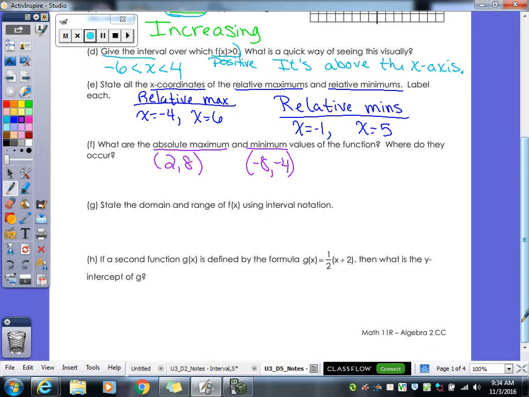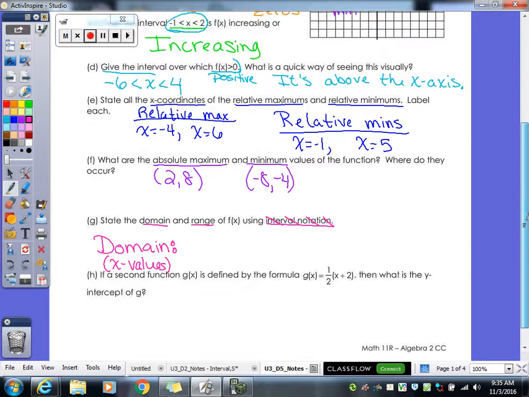Part G, state the domain and range using interval notation. I'm going to hold off on the interval notation for right now. We're going to do that on our next page of notes. So our domain, what you have to remember with your domain, those are your x values.